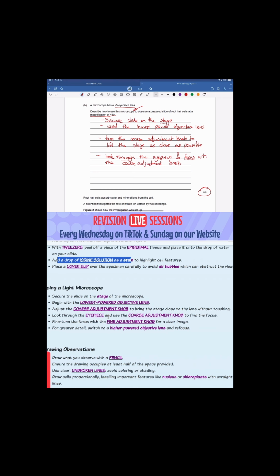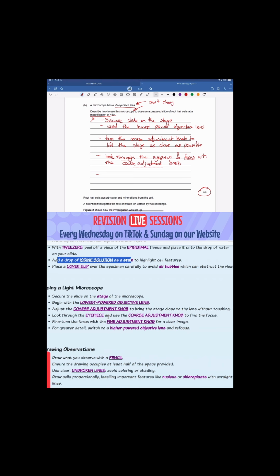And then the last point, okay, so this is the hardest thing to get because it's asking for a magnification of times 50. The eyepiece is times 5. Remember I said you can't change the eyepiece lens magnification.